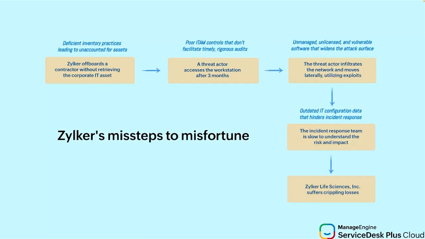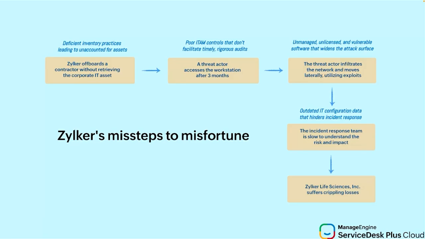So, what exactly went wrong at Zilka? It began when a contractor left the company and their laptop was never collected. For several months, that unmonitored device remained active and it became the attacker's entry point. Because Zilka did not conduct regular inventory audits, the missing asset went completely unnoticed.